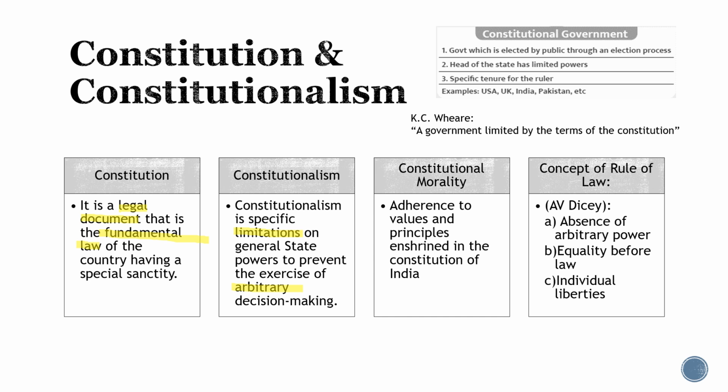Constitutional morality is the values and principles that a constitution provides. And then the concept of rule of law: arbitrary powers won't be there. There would be equality, absence of arbitrary powers, individual liberties. And a constitutional government is a government limited by the terms of the constitution.